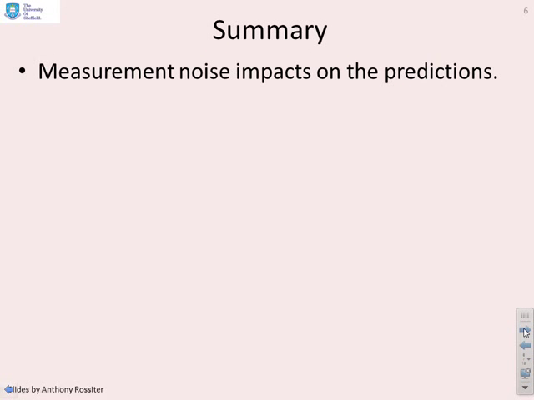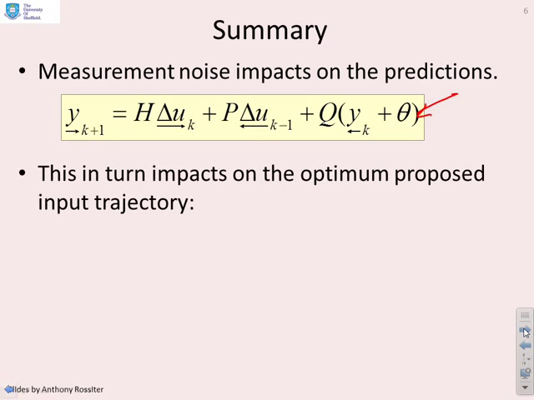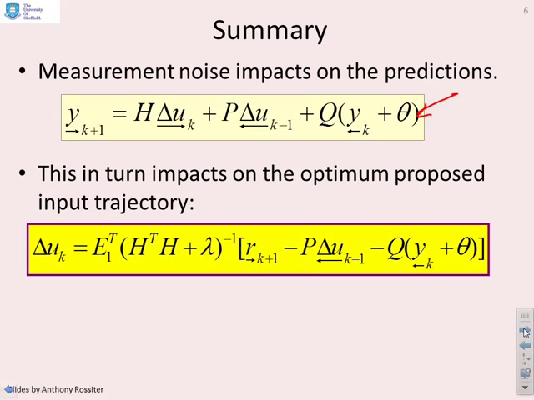So a summary. Measurement noise impacts on the predictions, and if you look at the predictions, what you'll find is if there was some measurement noise, here I've called it theta, you can see how it impacts on the predictions. Because the predictions are affected by noise, this in turn impacts on the optimum proposed input trajectory. So if this was your GPC control law, you can see this theta term comes in down here.